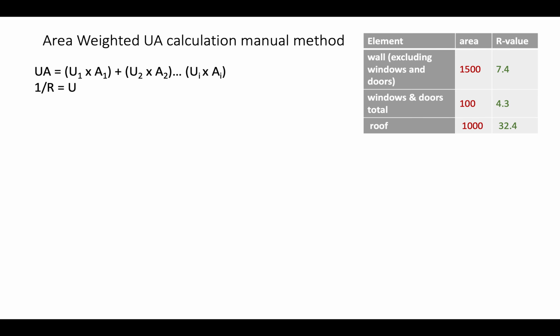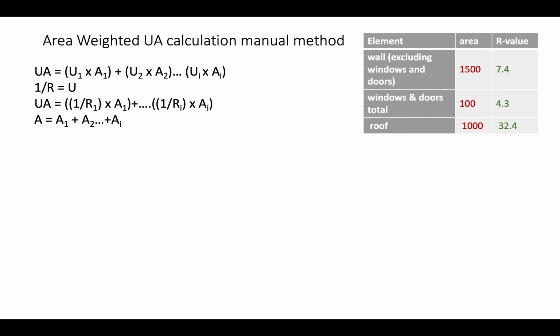And we also want to remember that 1 over R is the U factor. So we can rewrite the UA formula like this, where you do 1 over R for element 1 times area 1, and so on.